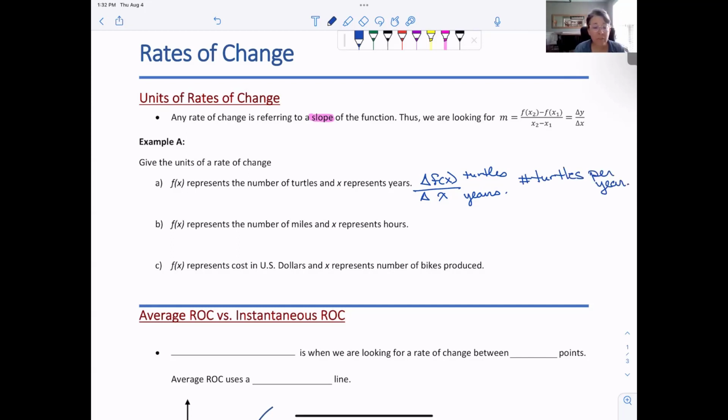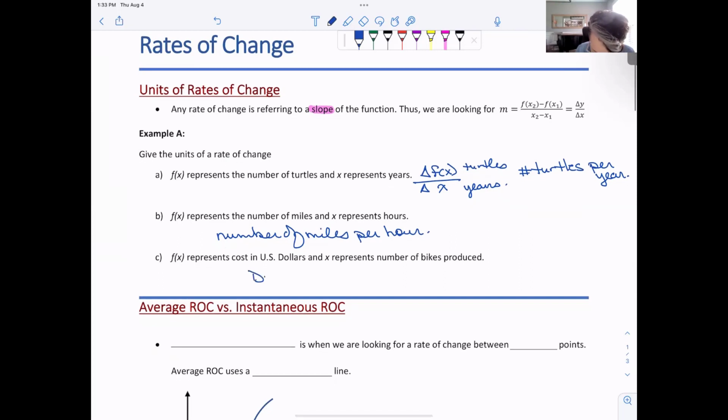Same thing for B. If we've got the number of miles and x represents hours, then the units here is the number of miles per hour. In C, if f of x represents the cost in US dollars and x represents the number of bikes produced, then the units is going to be dollars per bike.